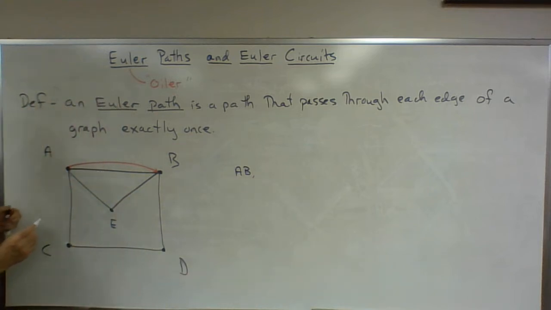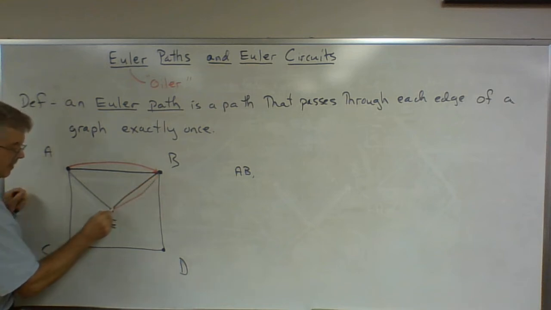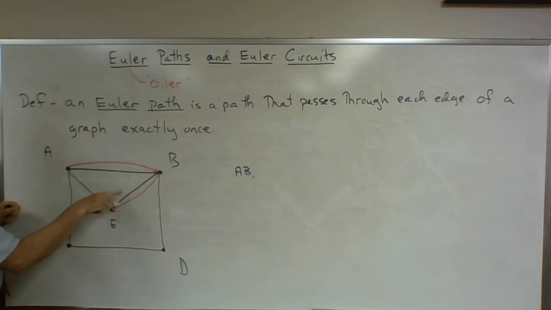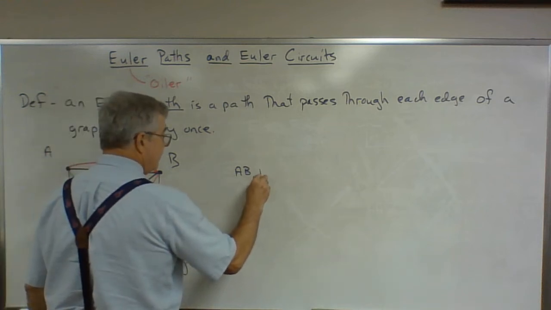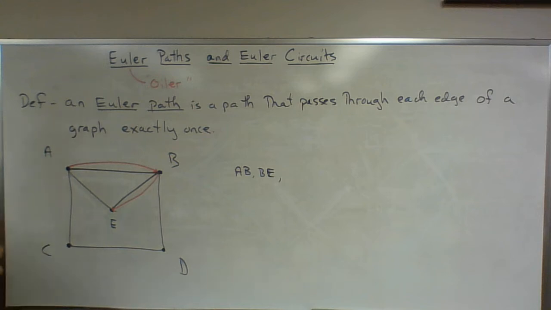And now, call it a hunch, but I think I'm going to go this direction and go to E. We just covered this edge, D to E. And I'm going to come back home to A. Here's the edge EA or AE.